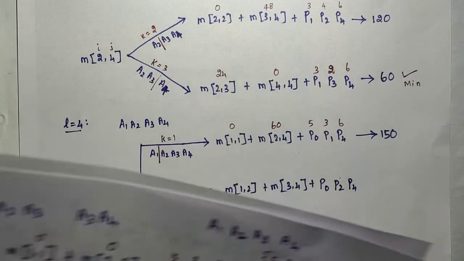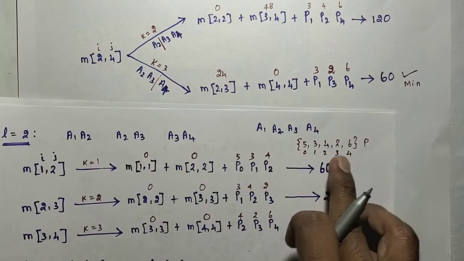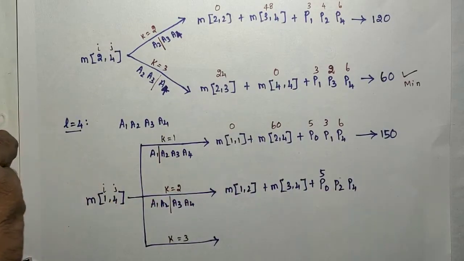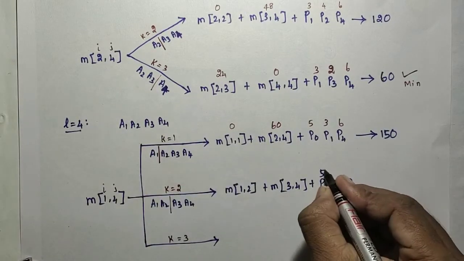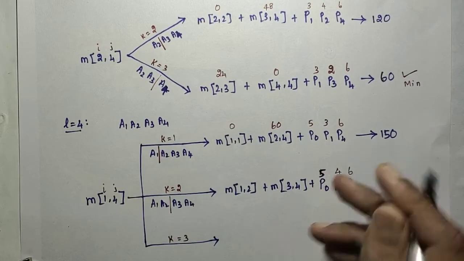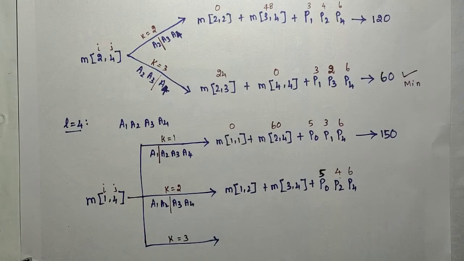So that is 5 6 and p2 will be 4, so 5 6 4, and these two values will be taken from the table.